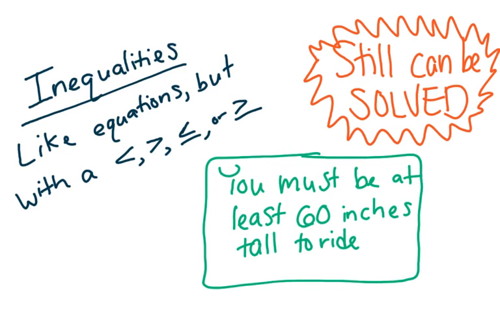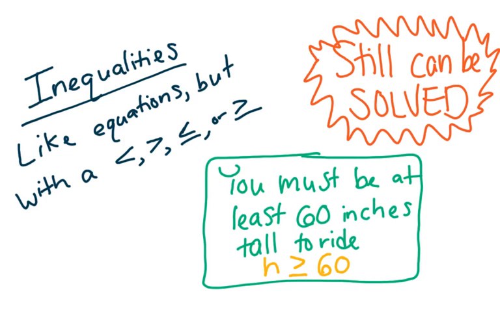A real-life example of an inequality is if you've ever been to a roller coaster place or a theme park and it says you must be at least 60 inches tall to ride. Your height must be greater than or equal to 60 inches.